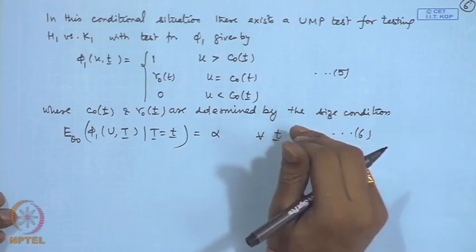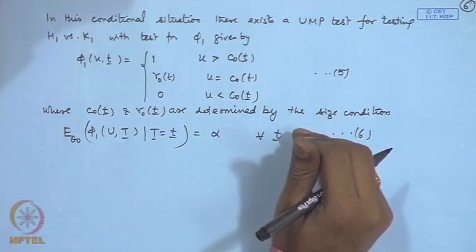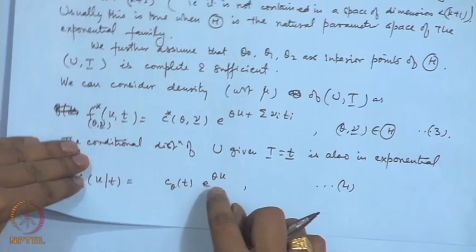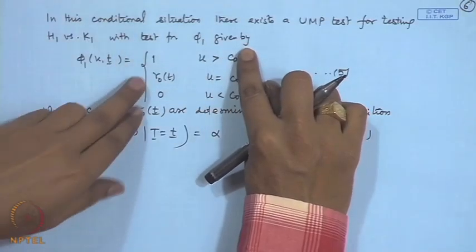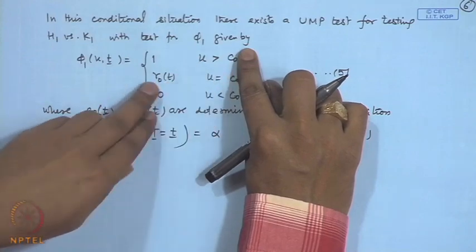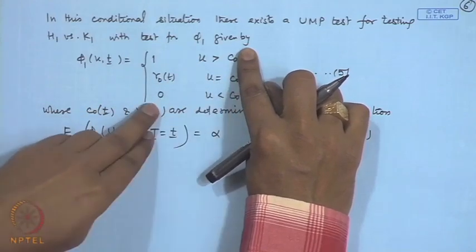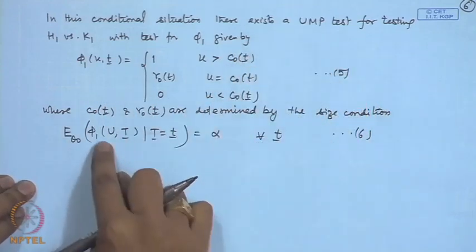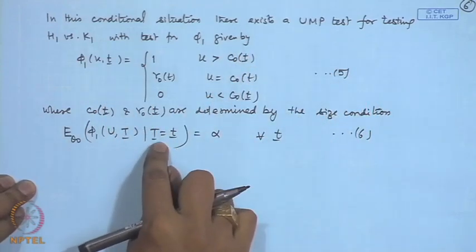So, here you can see the modification from the original one. In the original, we are considering simply one parameter exponential family, and therefore the test was 1 if u is greater than C naught, gamma naught if u is equal to C naught, and 0 if u is less than C naught. But now, there is a dependence on t, and this size condition is also conditional now.